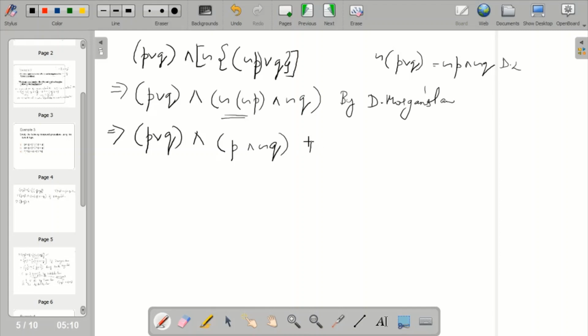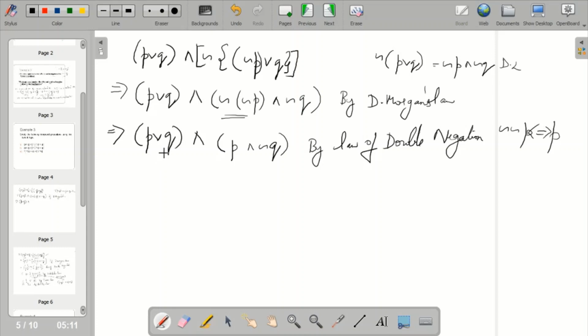Again by the law of double negation. So you know what the law of double negation is? Double negation of P is always logically equivalent to P. So this is the law of double negation. So you got P and negation Q.